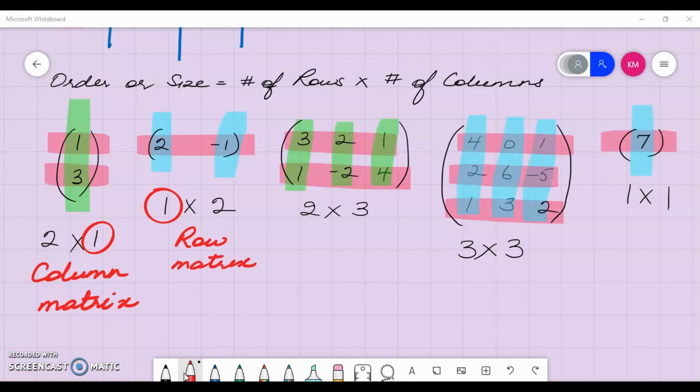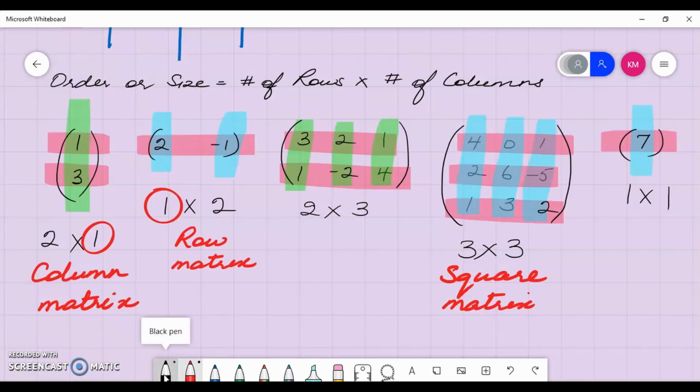Any matrix that has the same number of rows as columns is called a square matrix. And we can see that here we have 3 columns as well as 3 rows. Now, this matrix and this matrix don't have a particular name, right? Just as this has the name column matrix, this one is a row matrix, and this one is a square matrix. This doesn't have a particular name.